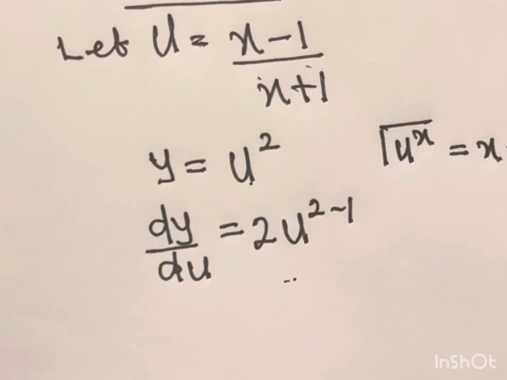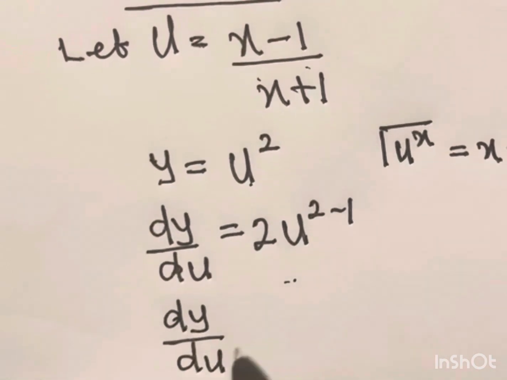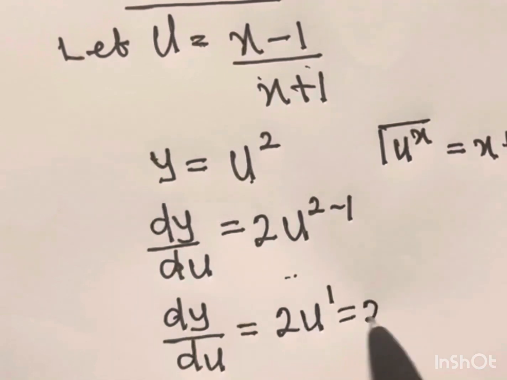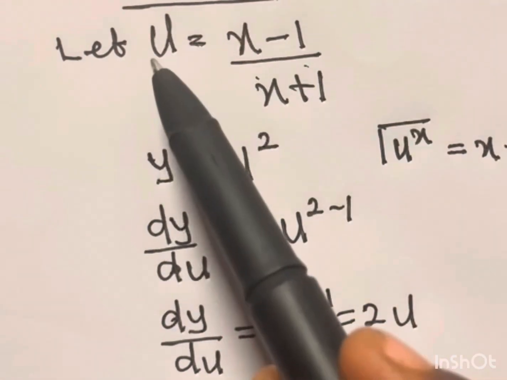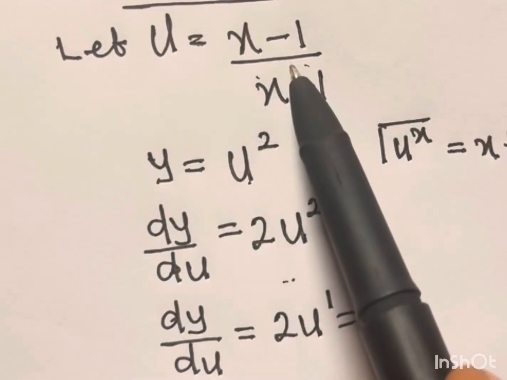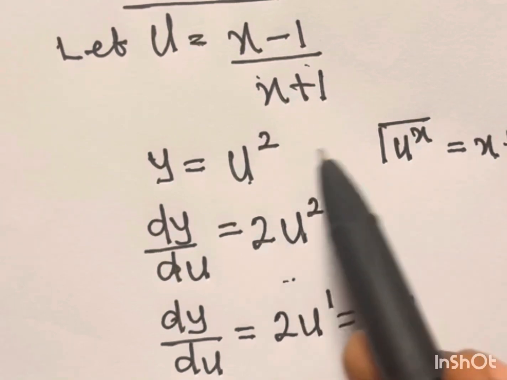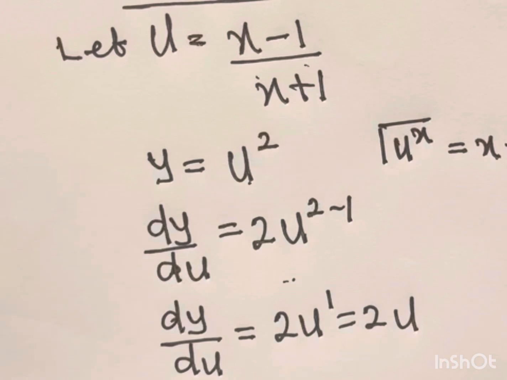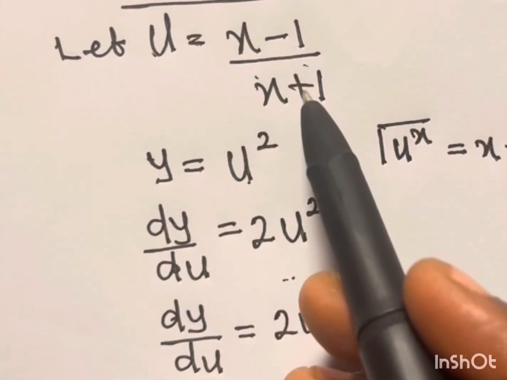So dy over du is equal to 2u. Also, we have to find du/dx, so we differentiate u with respect to x, and to do that we use the quotient rule.